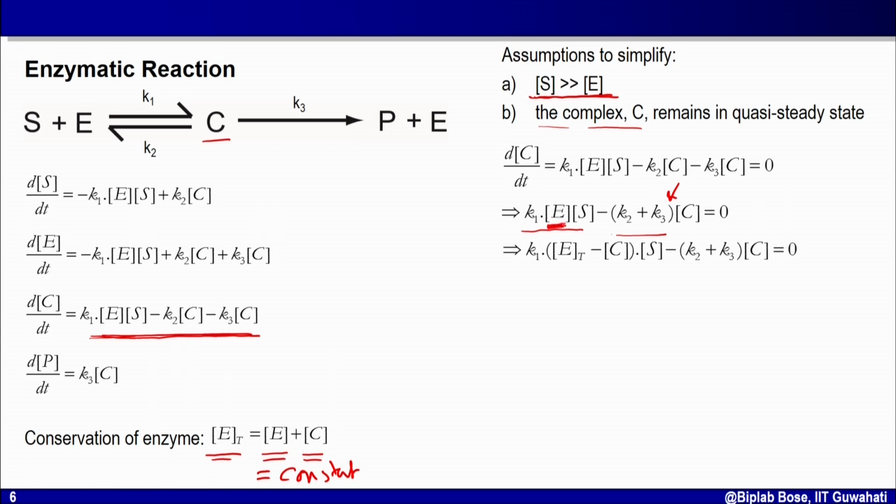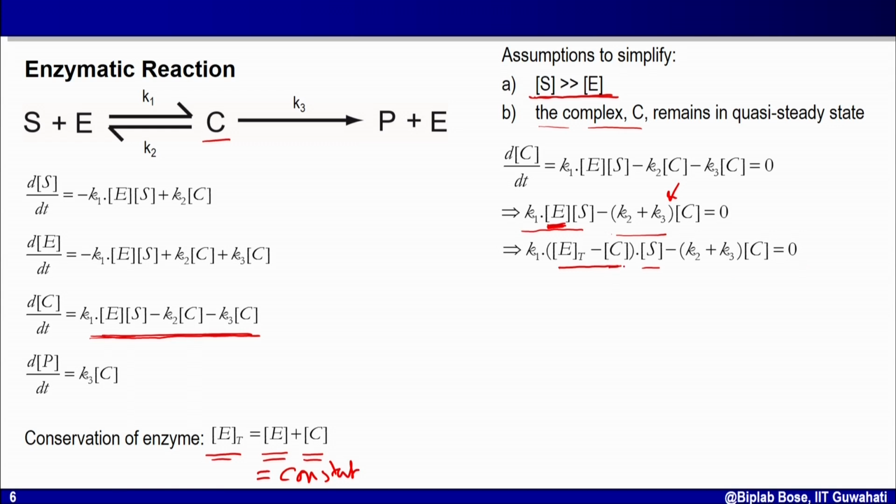So I have replaced E by ET minus C, the concentration of C. E is free enzyme and I am replacing it by ET, total enzyme, minus complex. So I get a relation K1 into (ET minus C) into S minus (K2 plus K3) into C equal to 0. So I again get another C here.